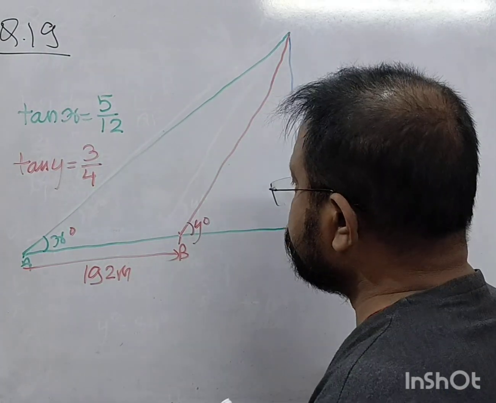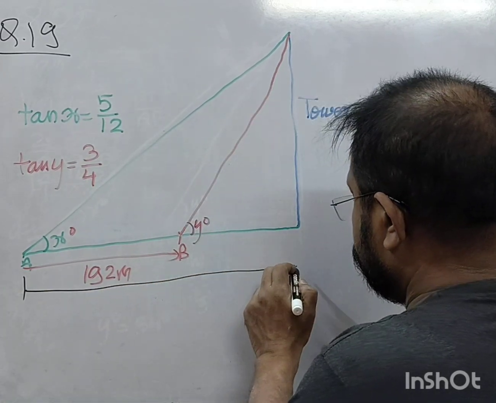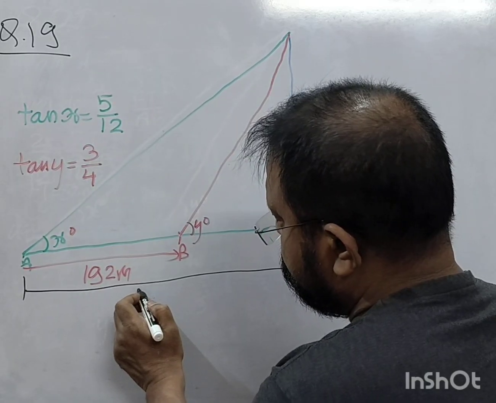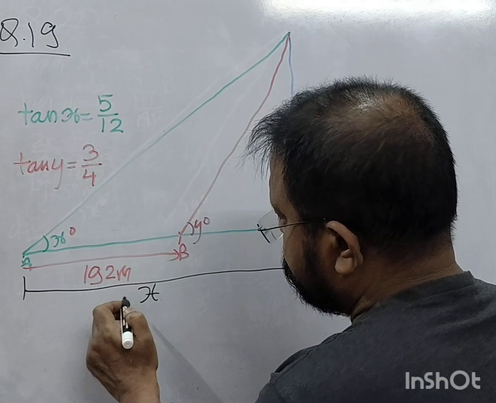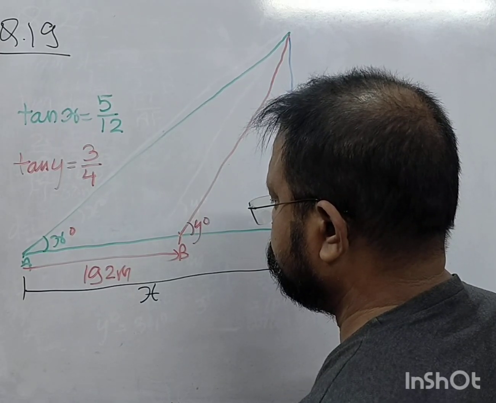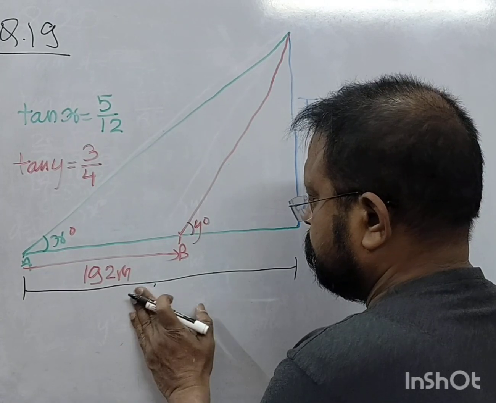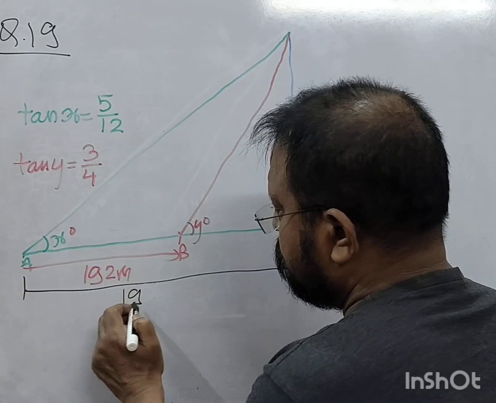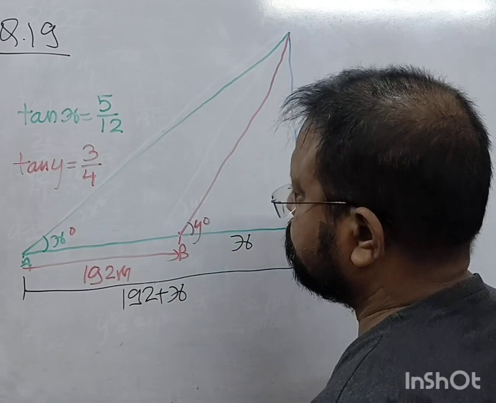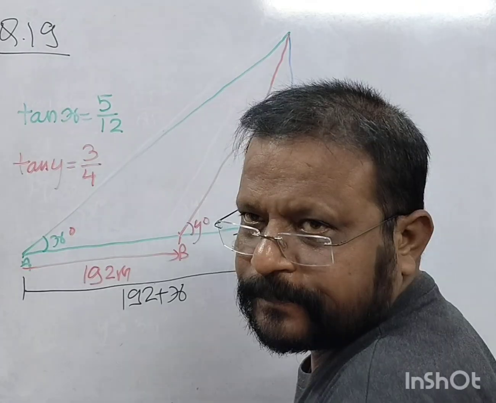So when you take this whole distance, this is say x. You take 192 plus x, and this is x. This is h. Right?